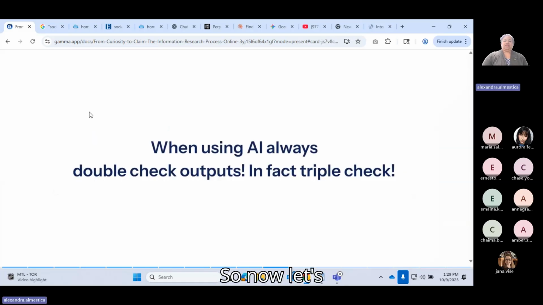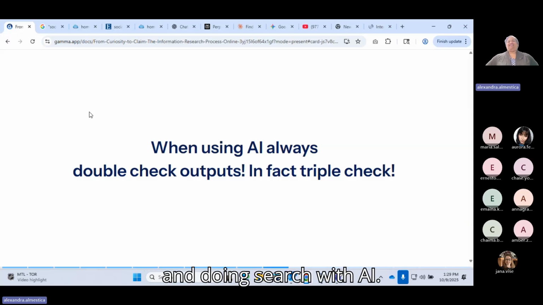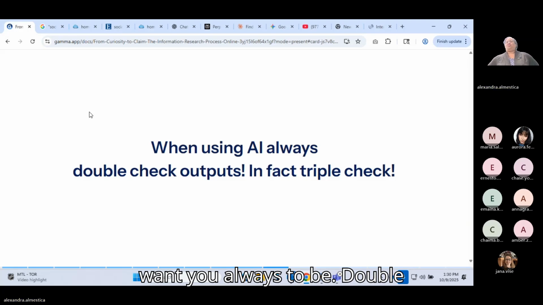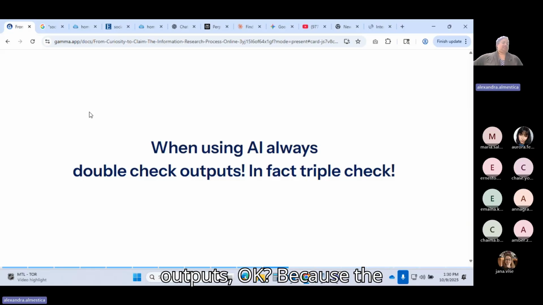Now let's talk a little bit about AI and doing search with AI. As you embark on your exploration of artificial intelligence as a source for other sources, I want you to always be double checking and triple checking your outputs, okay?